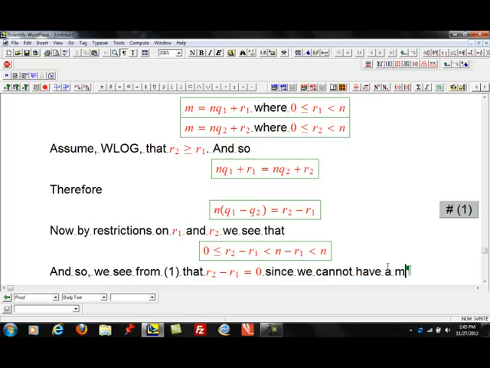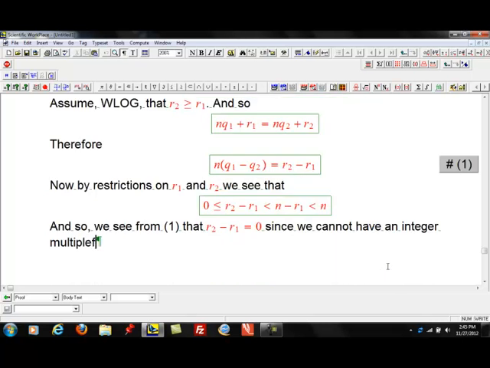An integer multiple of n. So if R2 minus R1 equals 0, what can we say about R2 and R1? Yeah, R2 is equal to R1.